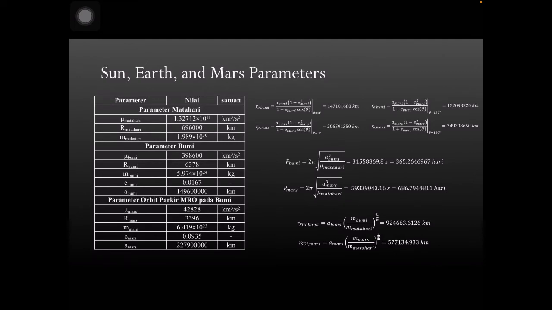As the semi-major axis and eccentricity of each planet's orbit are already known, each planet's pericenter and apocenter can be calculated using the orbit trajectory equation, with theta equal to 0 degrees for the pericenter and theta equal to 180 degrees for the apocenter. The period is calculated using Kepler's third law, while the sphere of influence radius is calculated using the formula as stated in the slide.